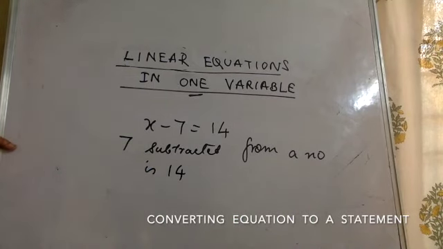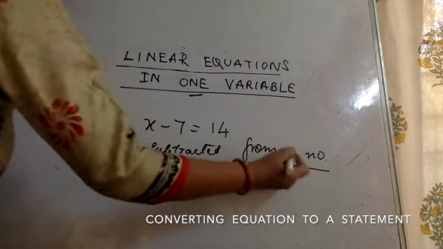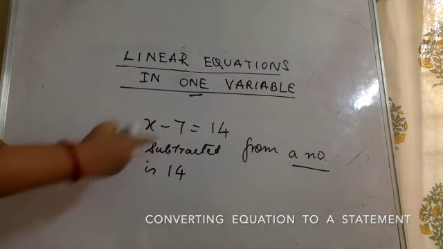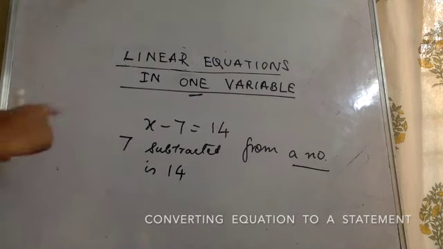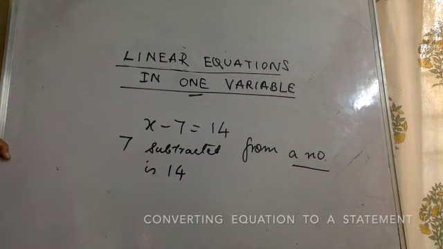As simple as that. Okay, so here is our unknown, 7 subtracted from a number, this is x, and see, from I have used, so I have used it in front. 7 has been subtracted from it, is, this is the equal to, is 14. We'll take more examples.